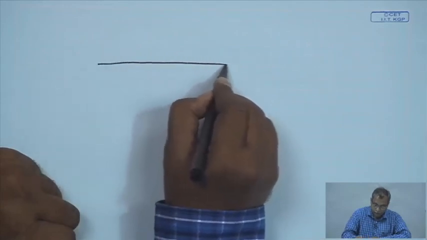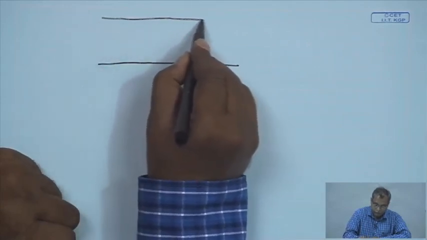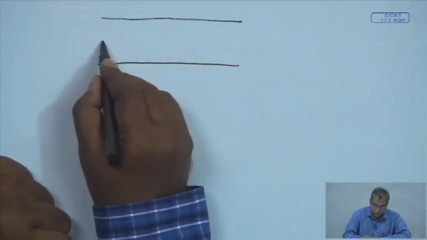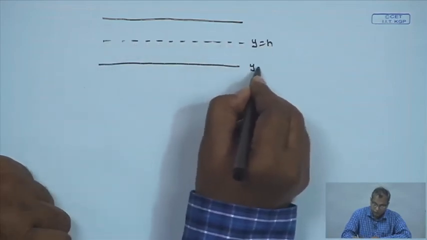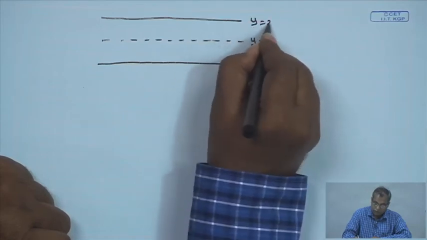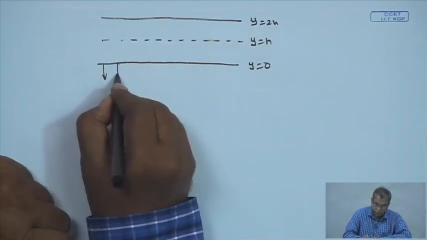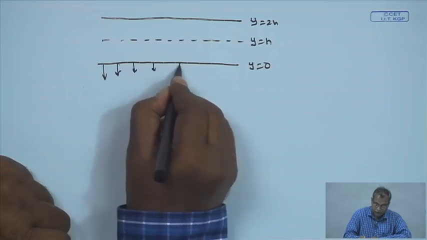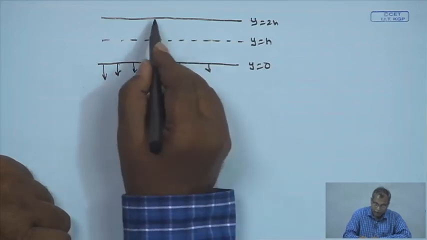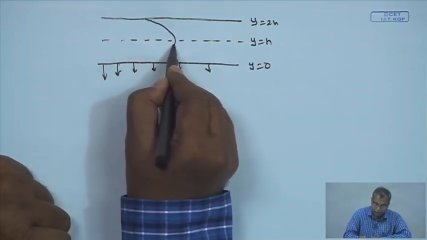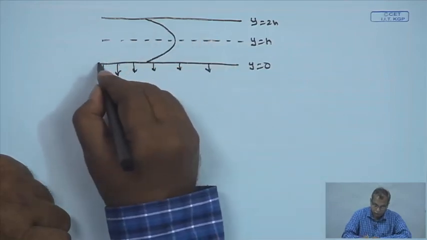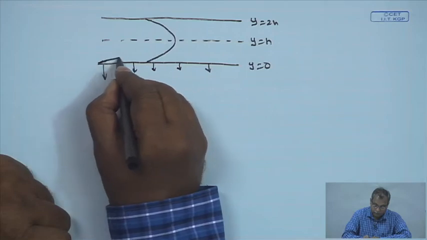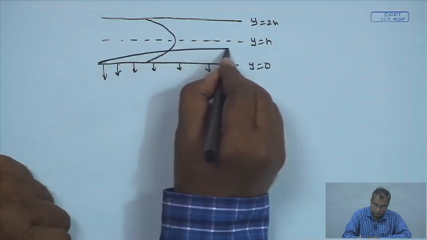Now, let us again go back to the geometry of the system. This is the channel we are considering and this is the midline of the channel, y is equal to h, this is y equal to 0, this is y equal to 2h, and the membrane is placed at the bottom, and this is a completely developed hydrodynamic boundary layer, and the mass transfer boundary layer is still developing.